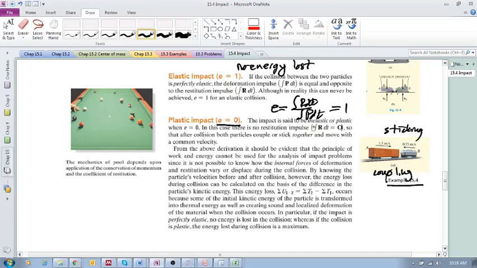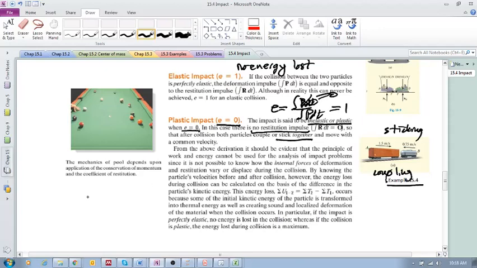This is called an inelastic or plastic impact. E equals 0 means there is no restitution impulse. This numerator is 0. They stick together.